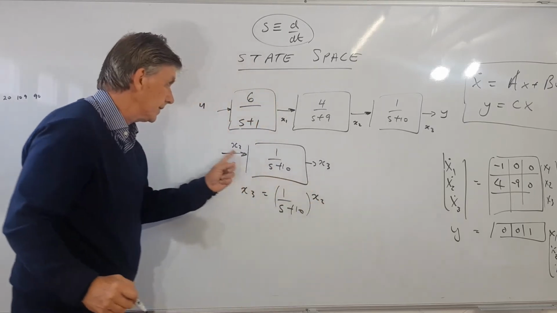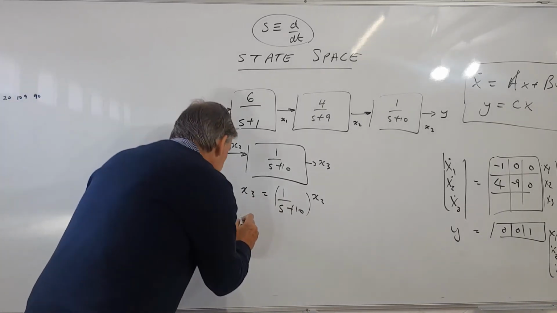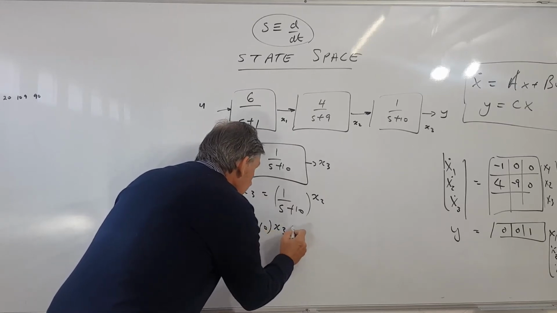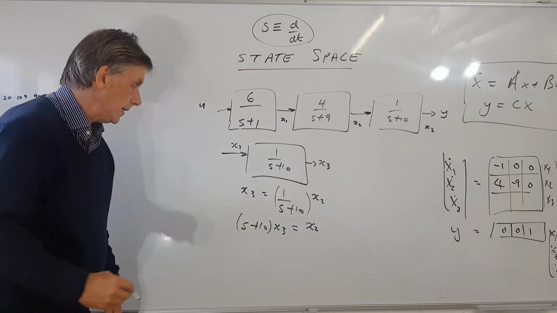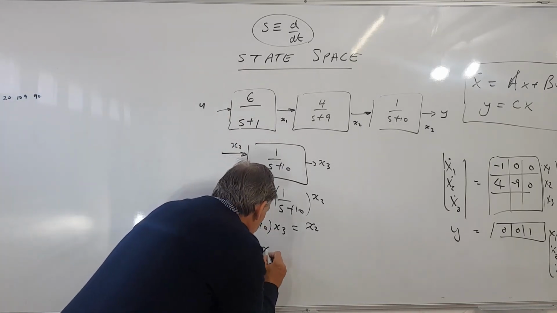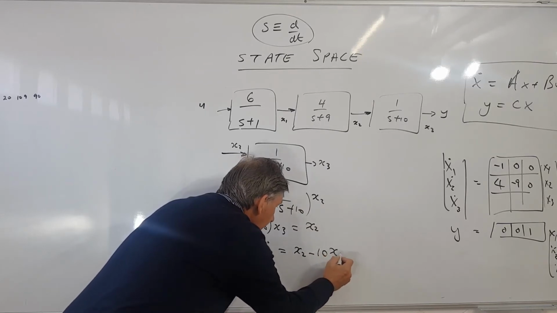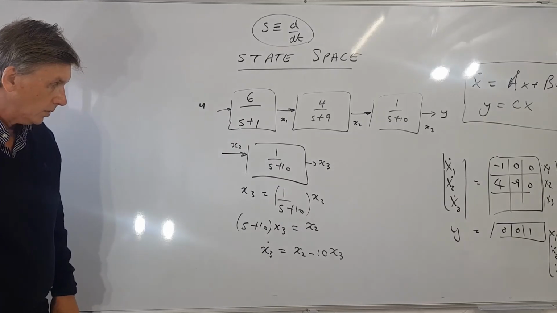So this is this times this. And then we can move this term up here. So we get s plus 10 times x3 equals x2. S times x3, x3 dot. So we get x3 dot is x2 minus 10 x3.